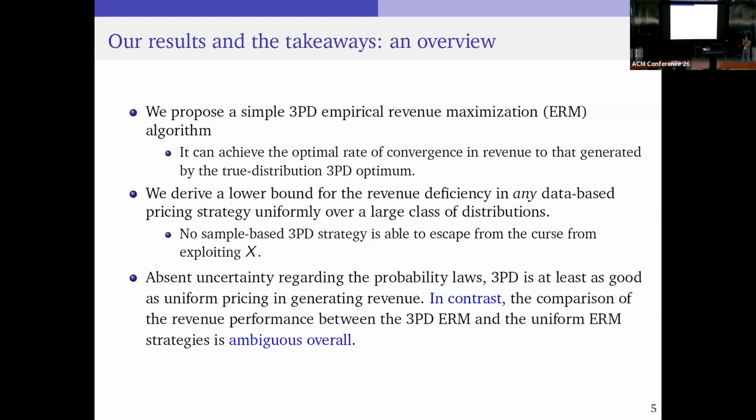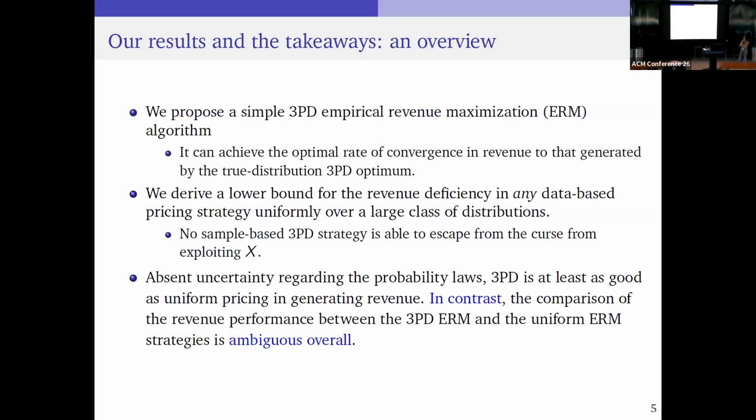Basically we're going to show that this very simple algorithm has some optimal property, in terms of the rate of convergence in revenue to that generated by the true distribution.